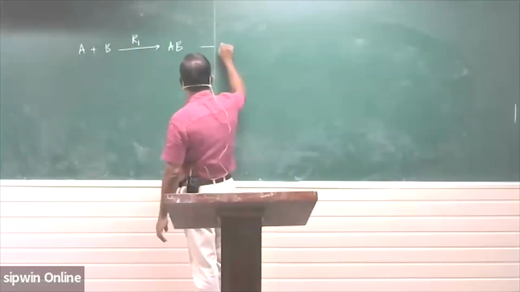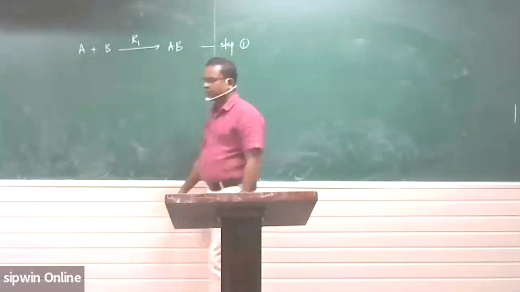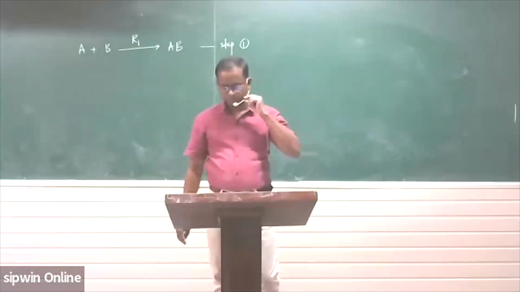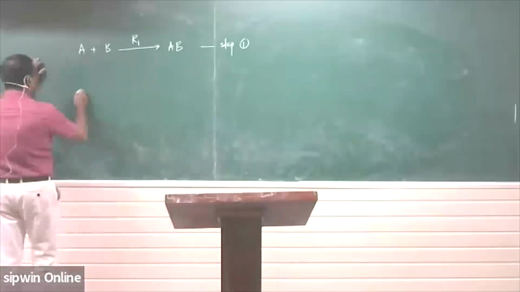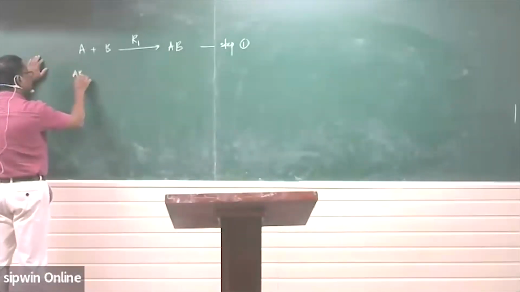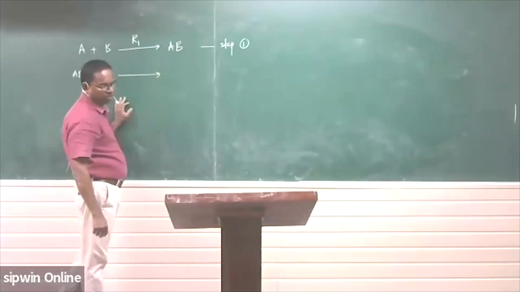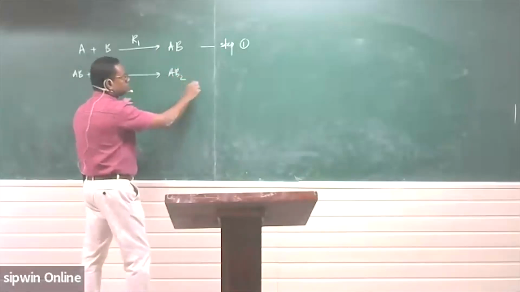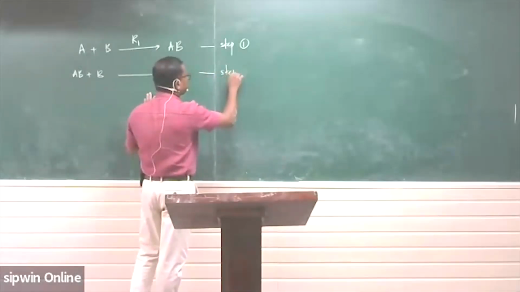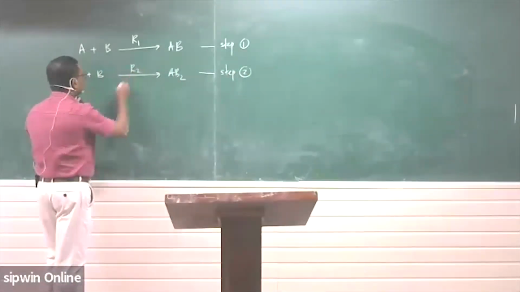Take this one as step 1. AB plus B into AB2. Step 2. Rate of that one R2.